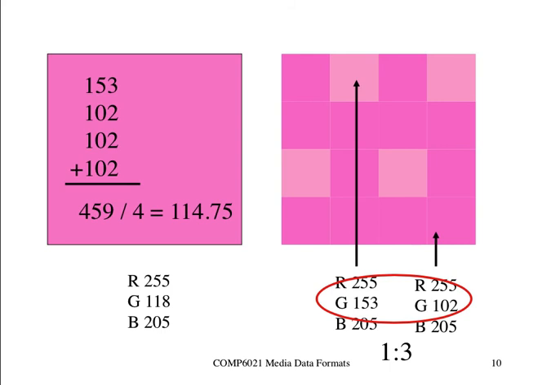Similarly, the blueness is 205, so that's a no-brainer. To work out the average greenness, we have to include the green value of the dark pixels 3 times and the greenness of the light pink 1 time. There's a ratio of 3 to 1 there, so the ratio must be preserved for it to make sense.